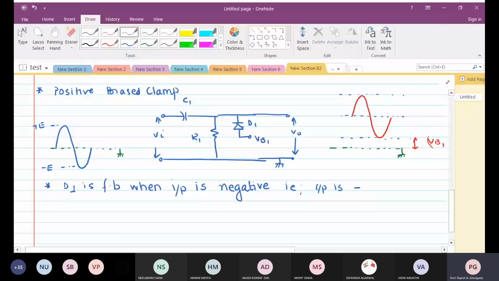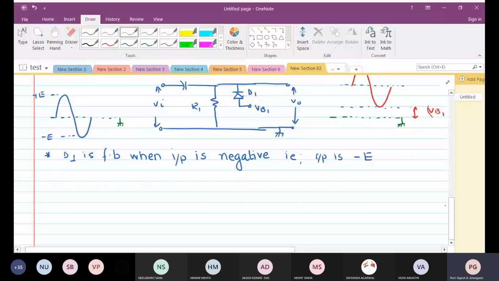So the voltage VC will be VB1 minus VF plus E, and the output voltage is VB1 minus VF.